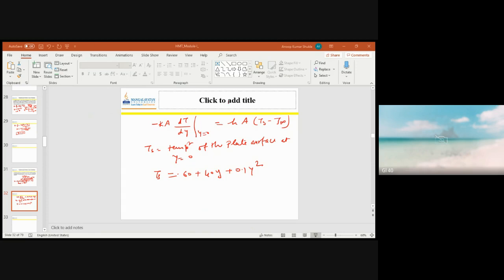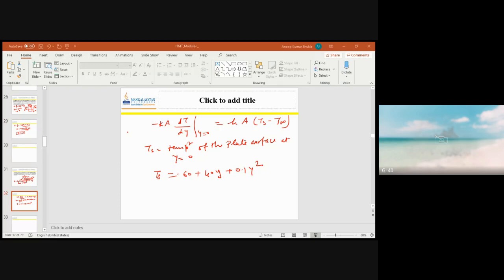And when we equate this with heat transfer due to convection, so h into 60 degrees minus 100 degrees, in this way we can find out the value of h as 40 watt per meter square Kelvin.